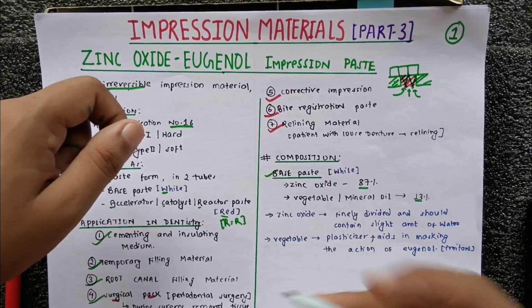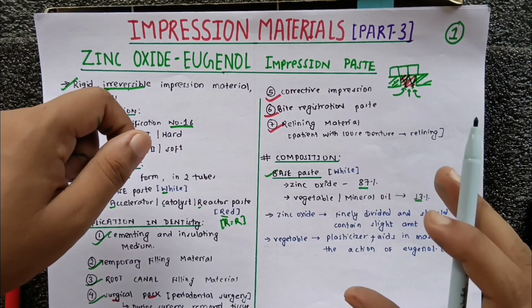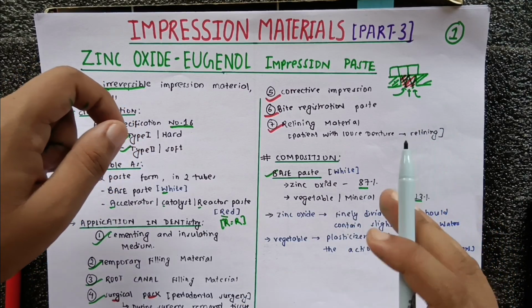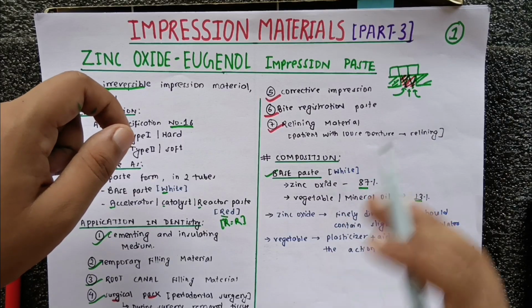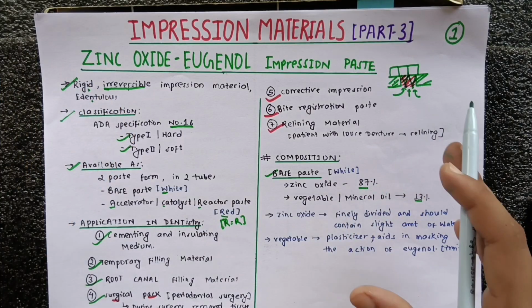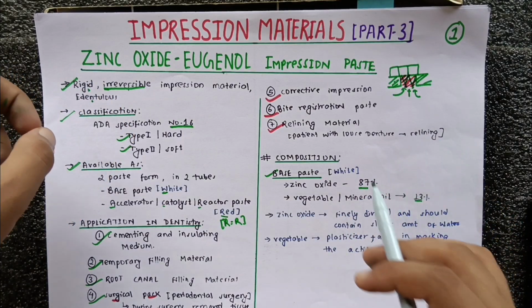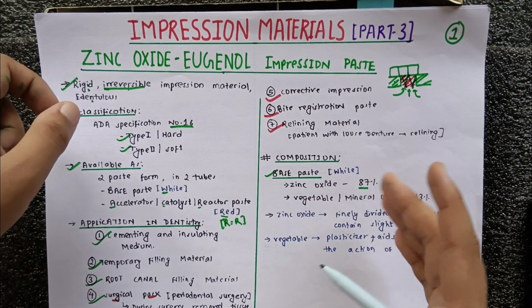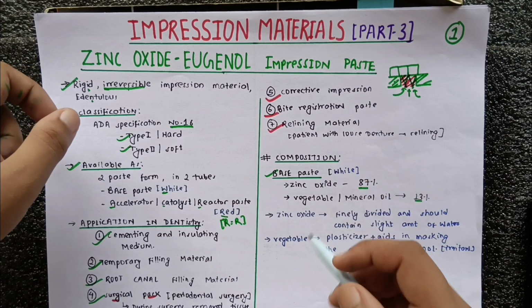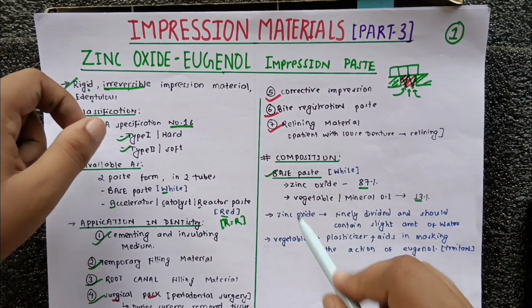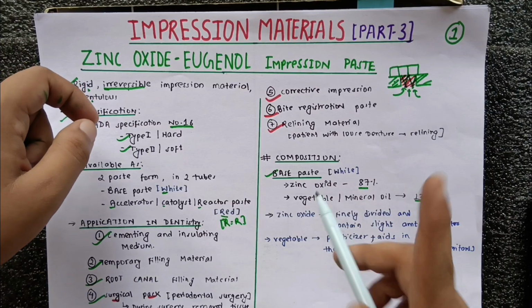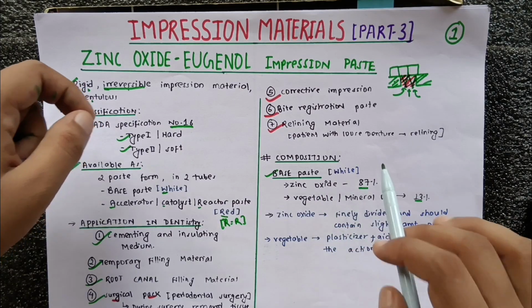In impression compound also I have discussed the constituents properly, and I also gave the mnemonics there, so you can remember that. The composition of the impression compound is important in this impression material chapter, and the composition of zinc oxide eugenol is also important, so you should remember this.